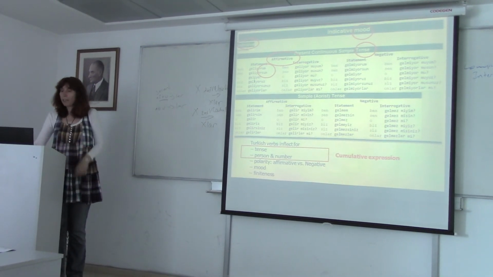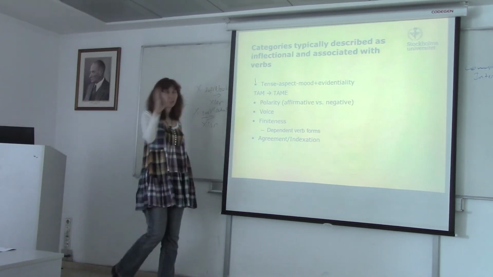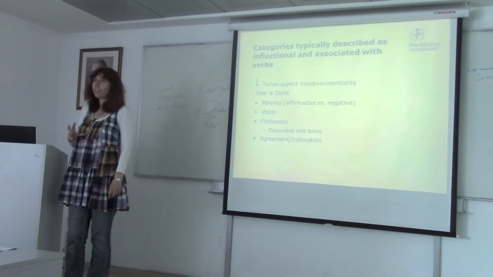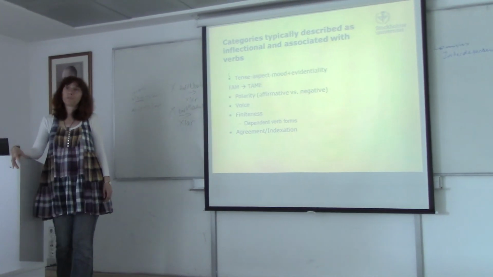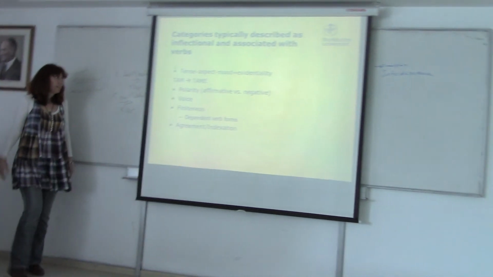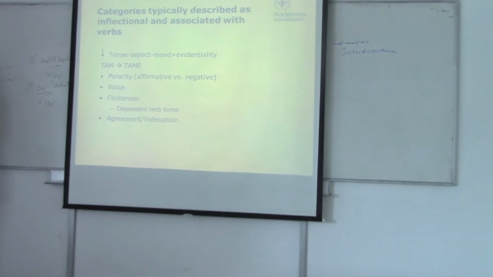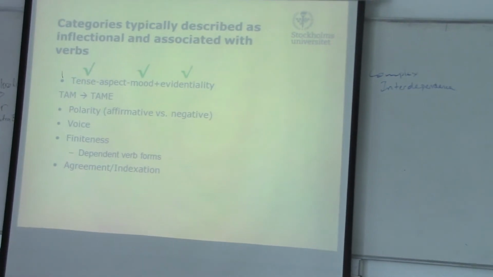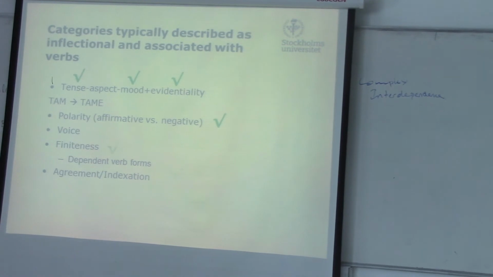So we'll leave Turkish verbs. We'll go to look at what kind of inflectional meanings are associated with verbs worldwide. So tense, aspect, mood, and evidentiality are very common, and we saw that they're in Turkish. Polarity is also in Turkish.